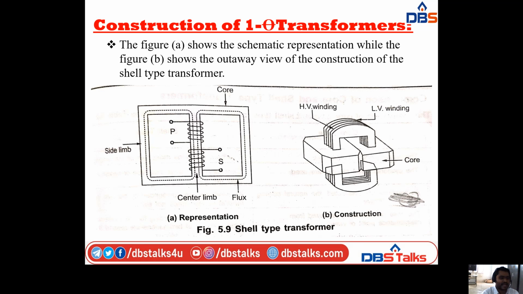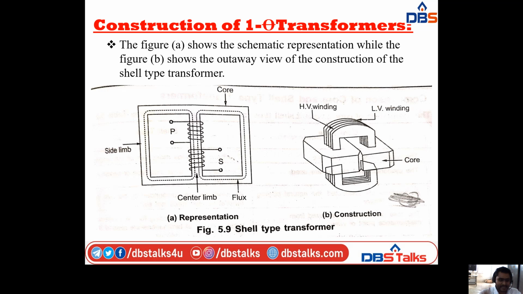Next, here I will show the diagram. It shows the schematic representation of the shell-type transformer and the view of its construction. In the shell-type transformer we have 3 limbs and 1 magnetic core.